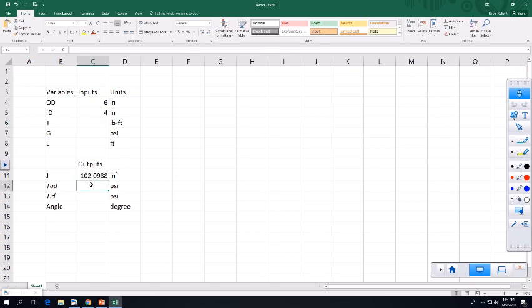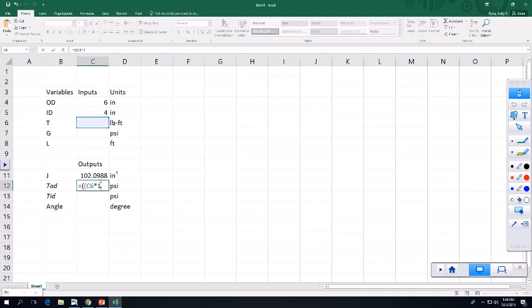Now I'm going to put in my tau max, and I'm going to do the same thing. I'm going to start with my equal sign to get it in that mode of an equation, and I'm going to do parentheses, parentheses. The first one here is the torque. So I'm going to click on the cell where I'm going to put torque in.